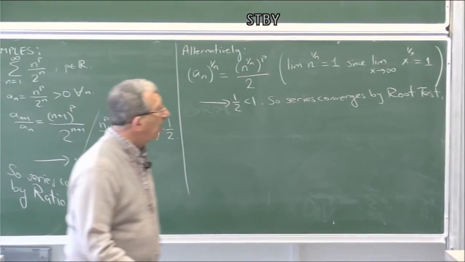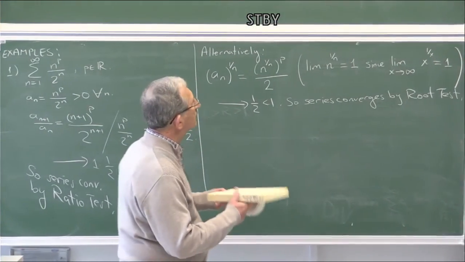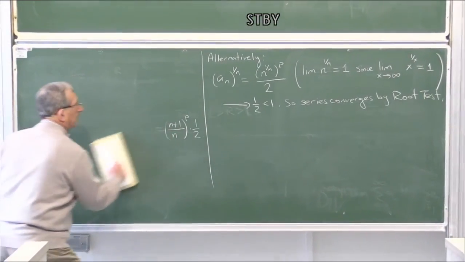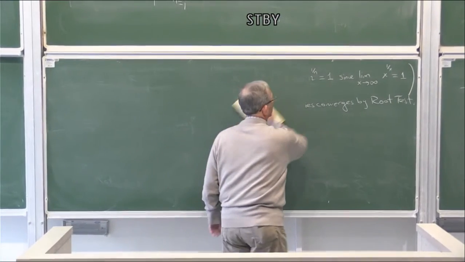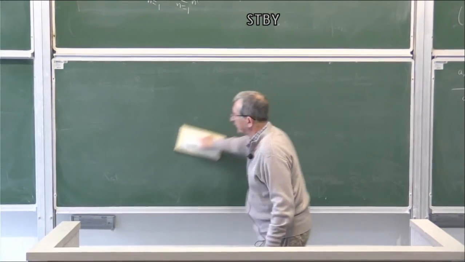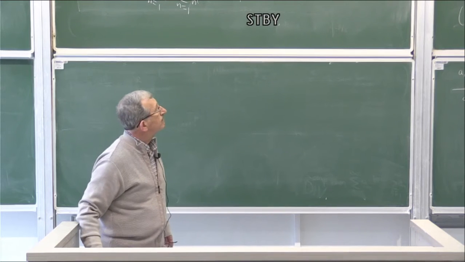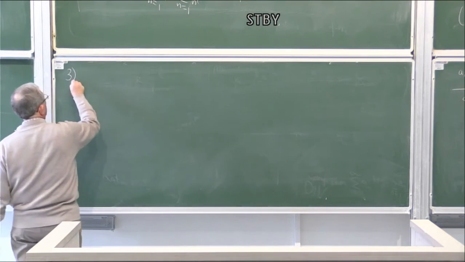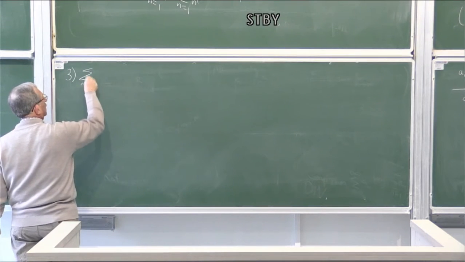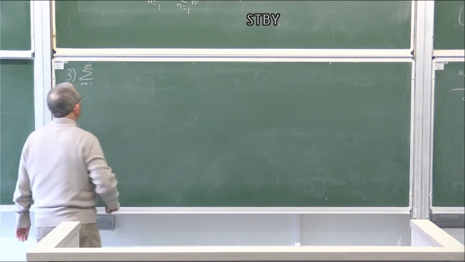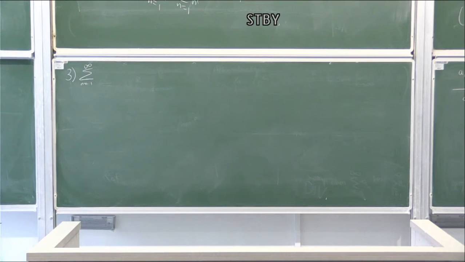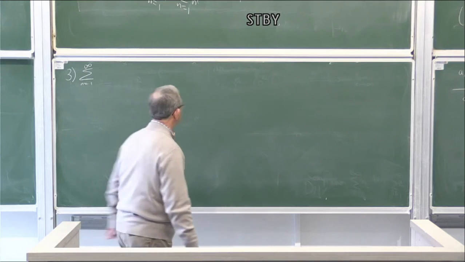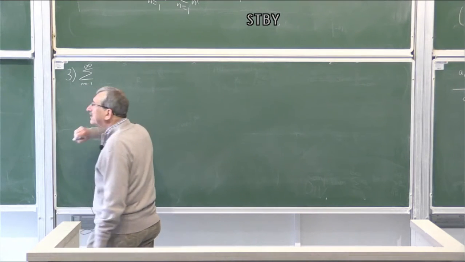Well, I will have one more example on these root and ratio tests. Let me set that up. Here the general term a_n is given by a product in both numerator and denominator.